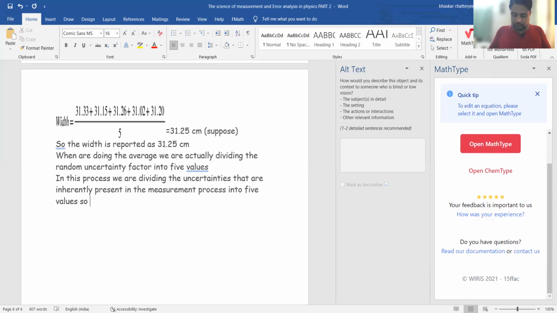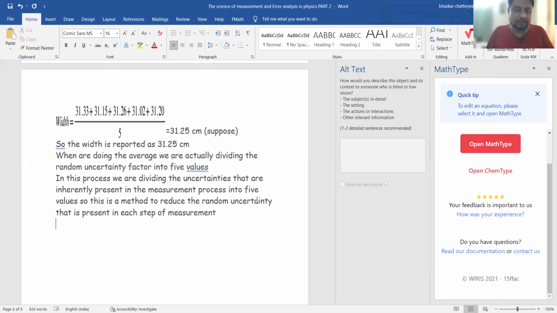So this is a method to reduce the random uncertainty that is present in each step of measurement.